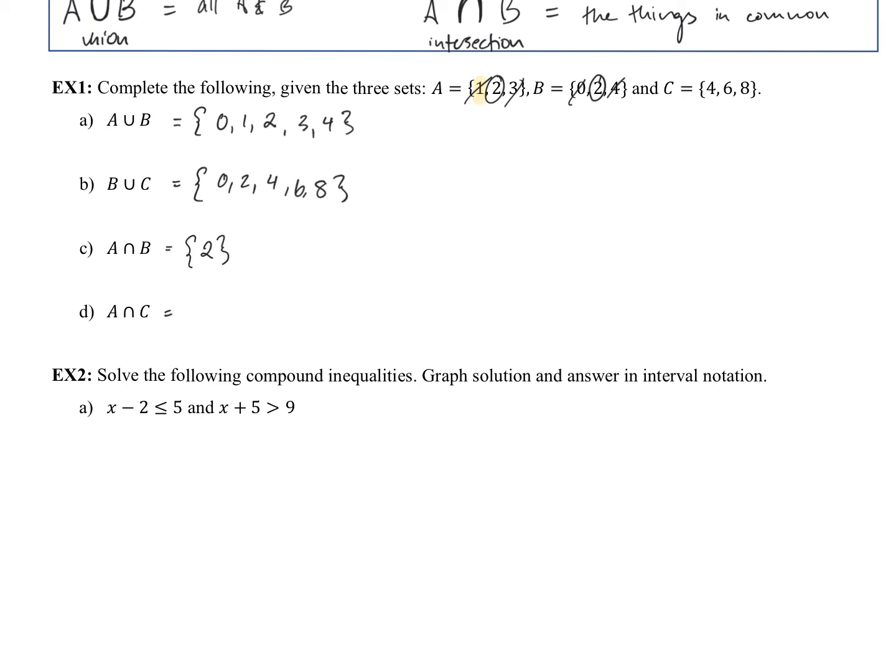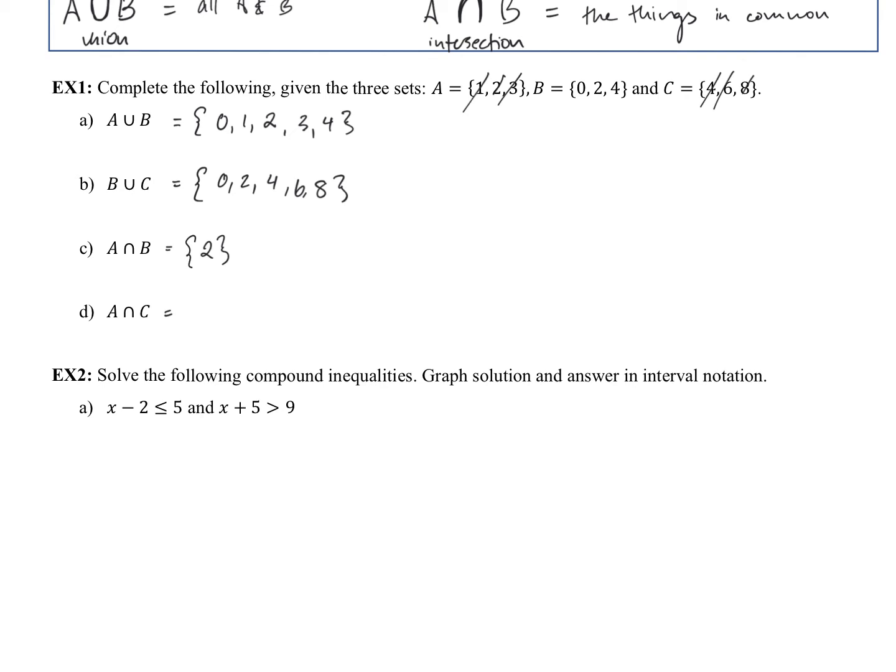Now the next one is A intersection C, or A intersect C. Go ahead and erase this. So what do they have in common? Well, A has 1, and C does not have 1. A has 2, C doesn't have a 2. A has 3, C doesn't have a 3. You know what? These guys have nothing in common, so what would our answer be? Well, there are two options. We could do this.